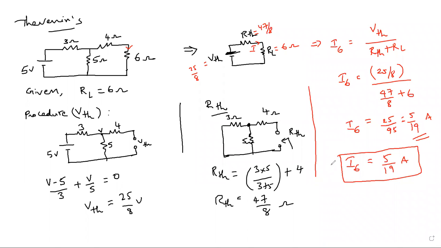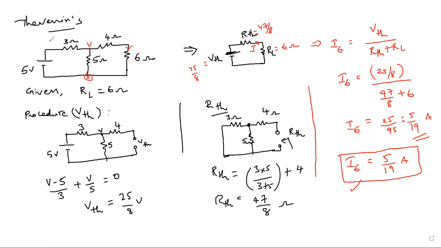Now your task, make it a homework: repeat the above problem with nodal analysis, and verify whether this answer is correct or not. Are you obtaining the same or not? For this complete circuit, you need to apply nodal analysis. That means here is one node, V, and this is your 0th node.